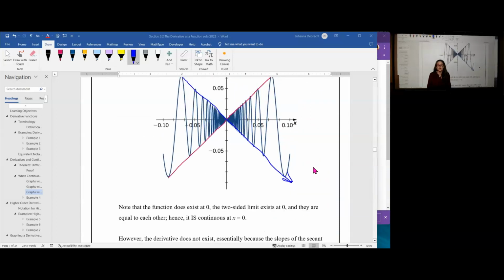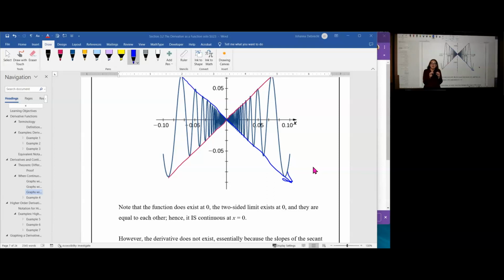It is smooth. It is curving. There's no corner and there's no cusp. Because it's sine, there's also no vertical tangent line. But is it differentiable at the origin? The answer is actually no. What's happening as it gets closer and closer to the origin is it's oscillating faster and faster and faster. There's no one unique tangent line at the origin.